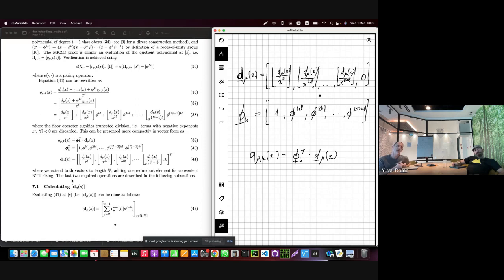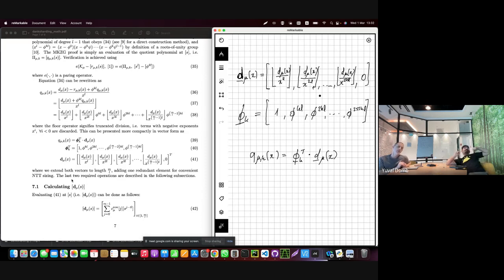speed this process up. Okay, so the next thing we want to do, now that we defined this vector D and vector phi, is that we know eventually what we need is to sample the Q at the secret point.